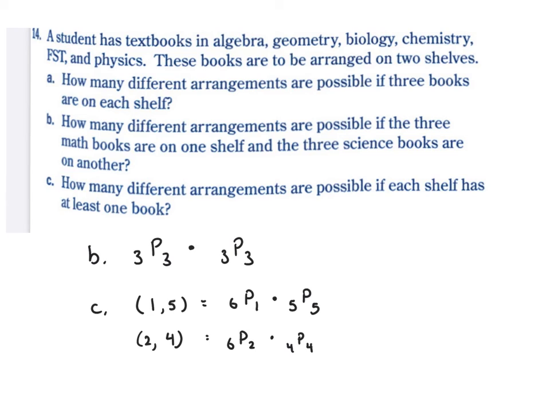And you can keep logically deducing these, and in the end what we have is 5 different options, and all we do is add them together. We have to add each of these together. So whatever you get here, add that to this one here, and then keep going because there are a total of 5 of them.